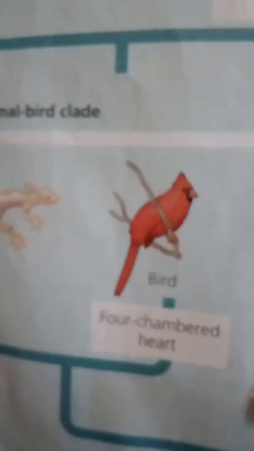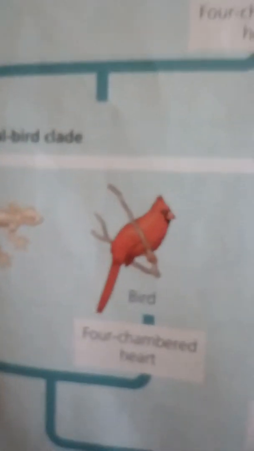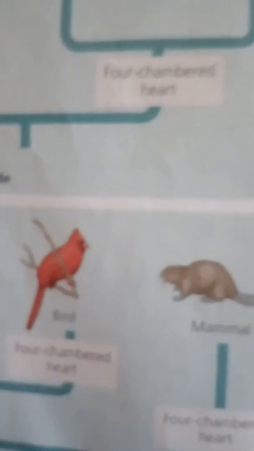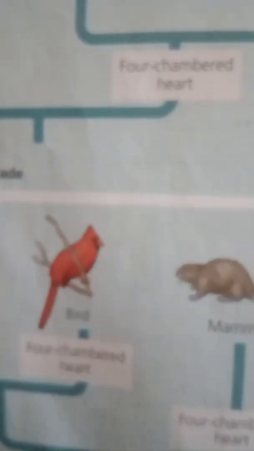In this example, the problem is not so much with the principle of parsimony as it is with the analogy-homology issue. The 4-chambered hearts of birds and mammals turn out to be analogous, not homologous.